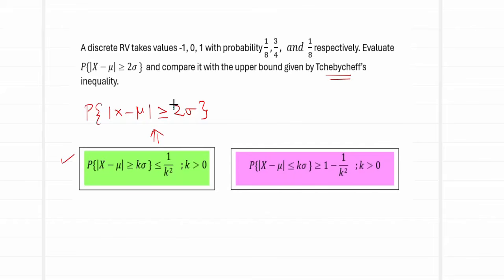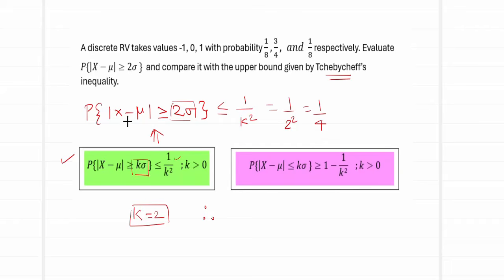Now comparing with the quantity available here, what can you say about k? k is equal to 2. Hence, by Chebyshev's inequality, the probability will be less than or equal to the right hand side, 1 by k square, which is 1 by 2 square, and hence 1 by 4.